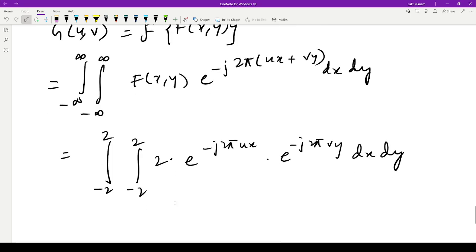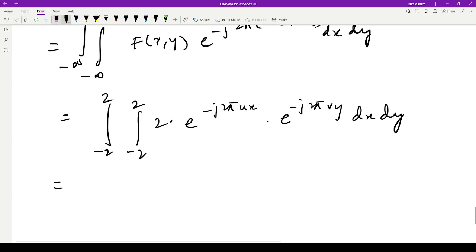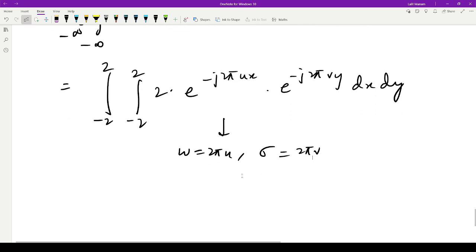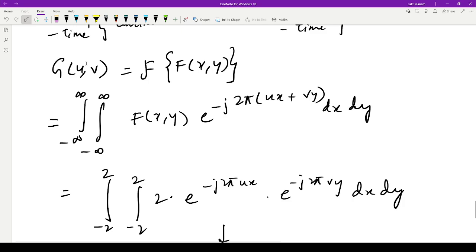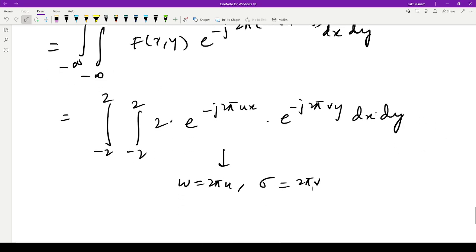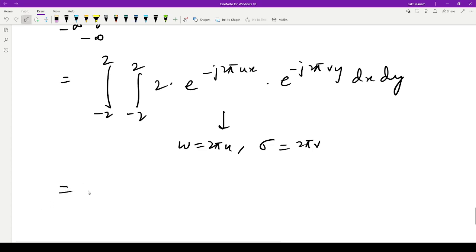Is this fine till now with everyone? I'll do a change of variable here. I'll write omega as 2 pi u and sigma as 2 pi v. It should not matter, since I'm changing the independent variables and not the integration variables.